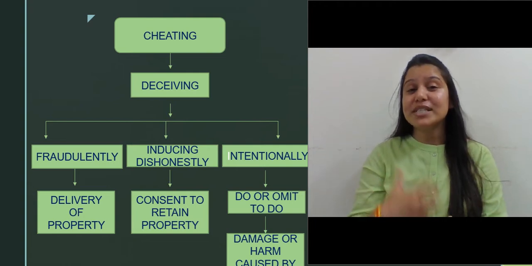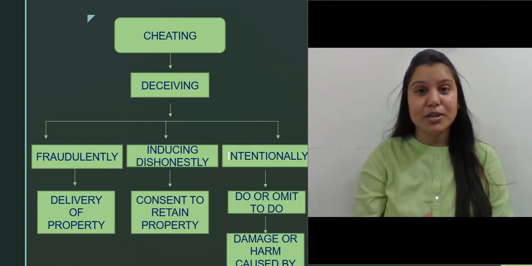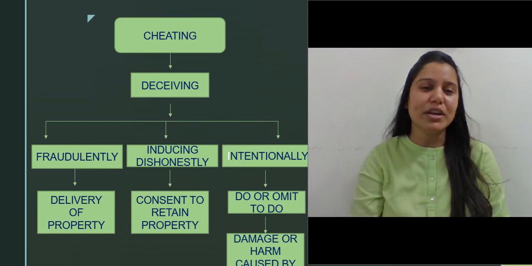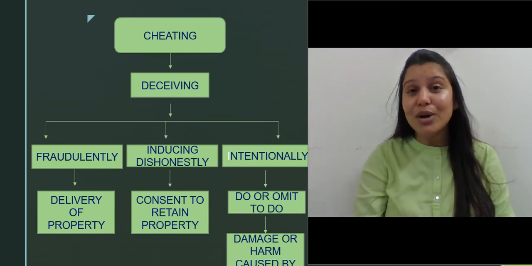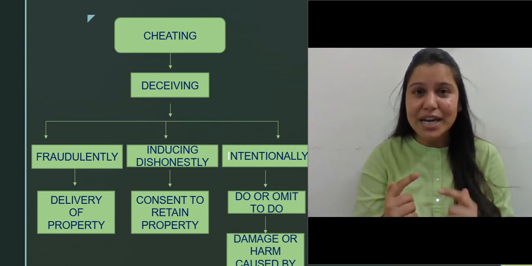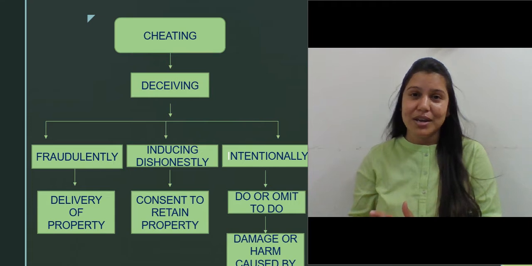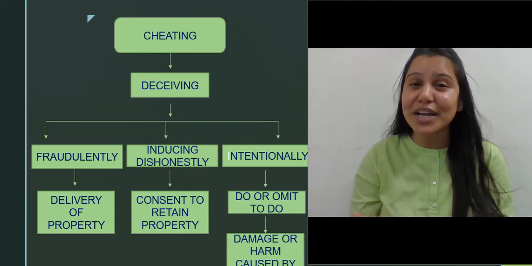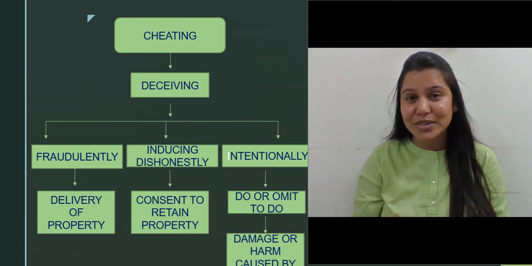Now by seeing my goodwill, by seeing me as a civil servant, the person would of course give me anything because of that very post. Now I am deceiving those people, right? And they would do something which they would not have done if I had not said that I am a civil servant, that I am an IAS officer. They would not have done it.